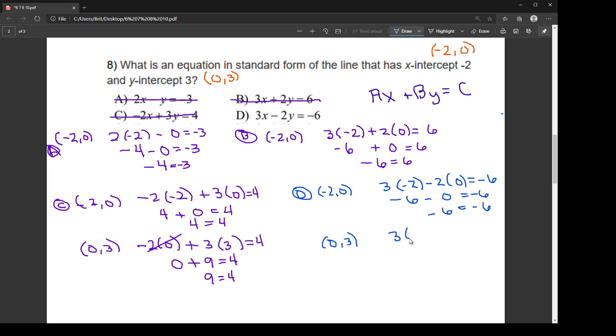So then I have 3 times 0 minus 2 times 3 is equal to -6. So if I do my multiplication, I get 0 minus 6 equals -6. So then I get -6 equals -6. So if you see, on this one, both of the answers worked, therefore D is the solution.